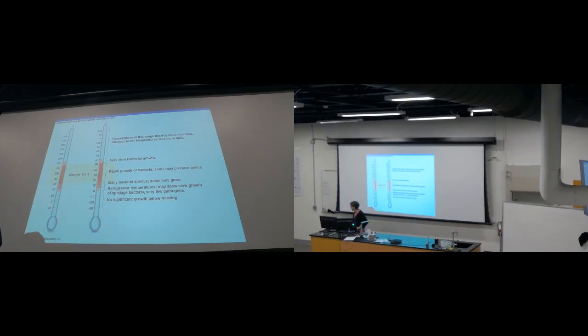So one of the reasons why we care at what temperature bacteria grow is because, of course, we all have to eat to live, and we have to make sure that whatever we eat is free of pathogens. One way is by cooking food properly, first avoiding contaminating the food as you're preparing it.